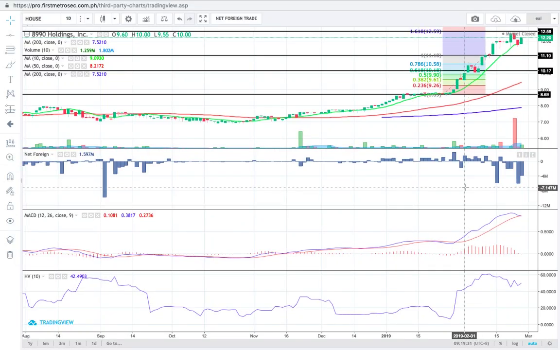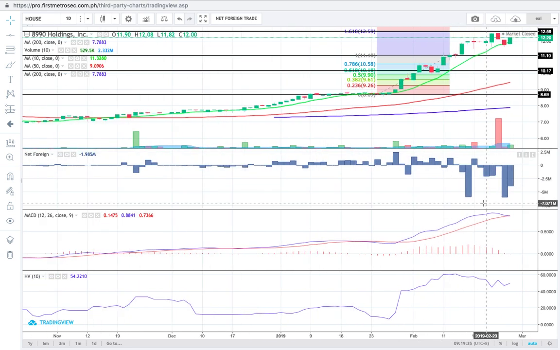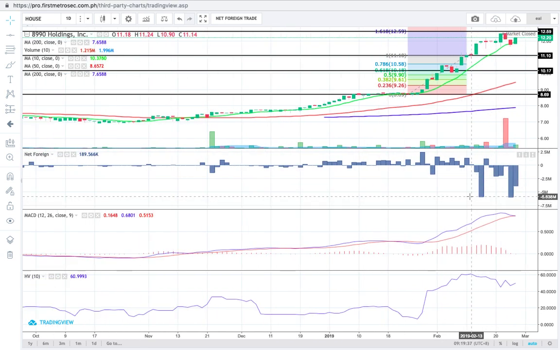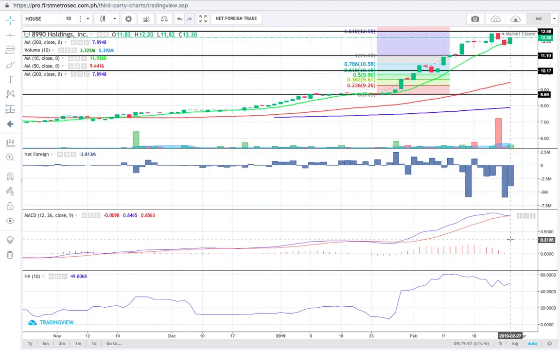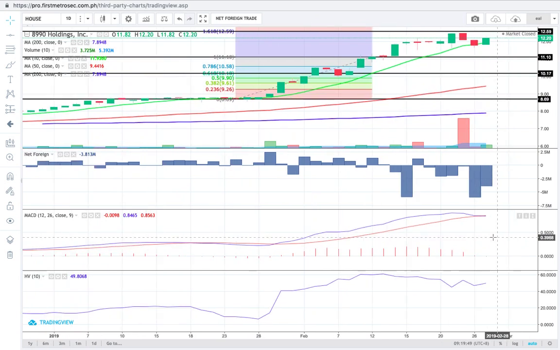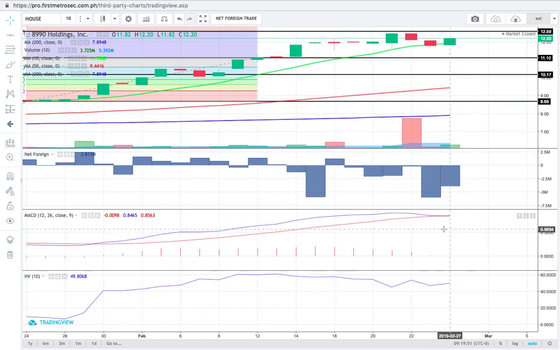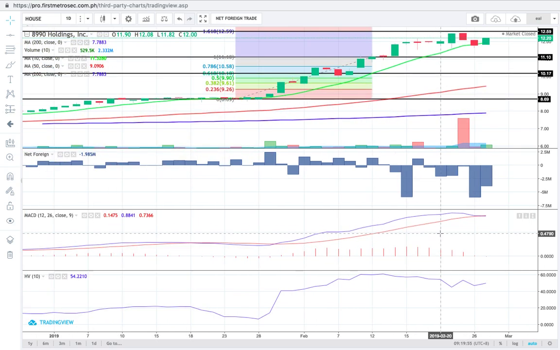So I'm not going to factor the foreign investor sentiment into my overall sentiment on House. Now for the MACD's position, I think MACD has started to cross below the signal line.